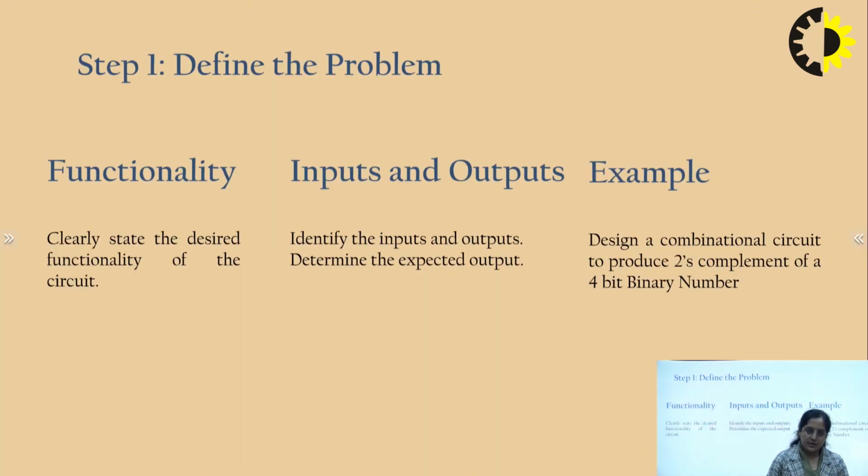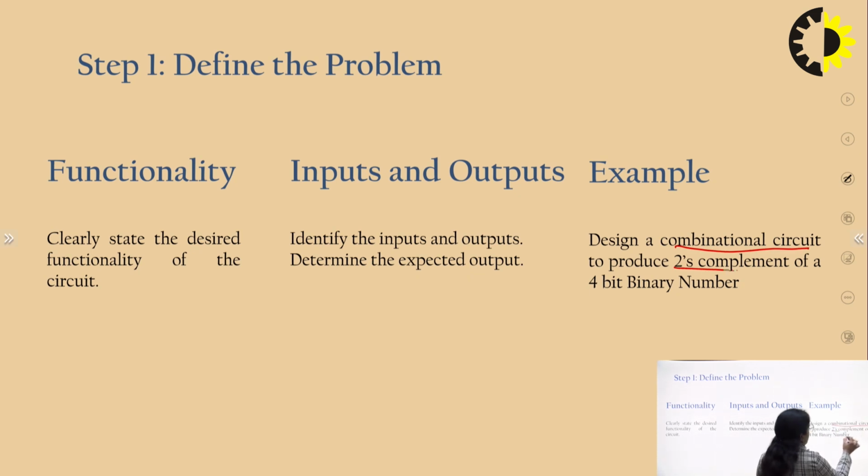So, the first step is we have to define the problem. In this particular example, I am defining it as: we have to design a combinational circuit which produces a 2's complement of a 4-bit binary number. So, we have to design a combinational circuit.